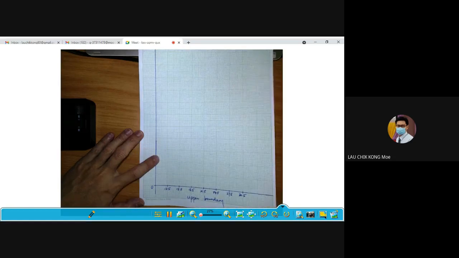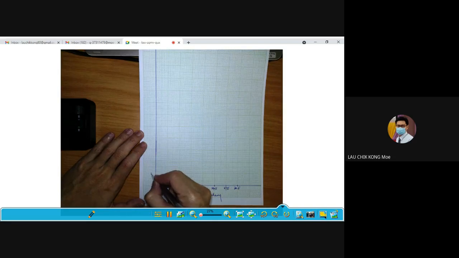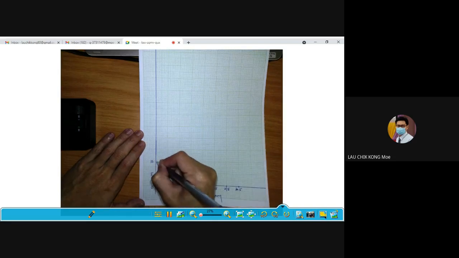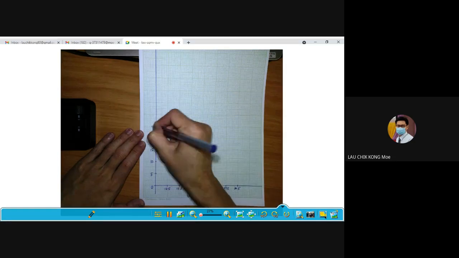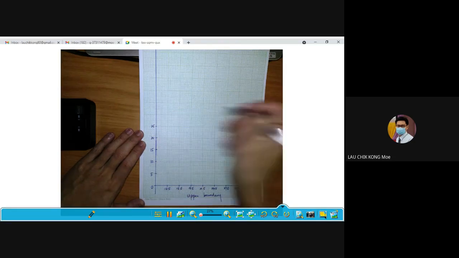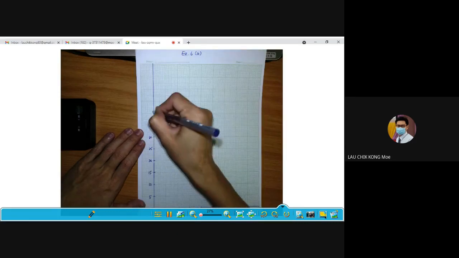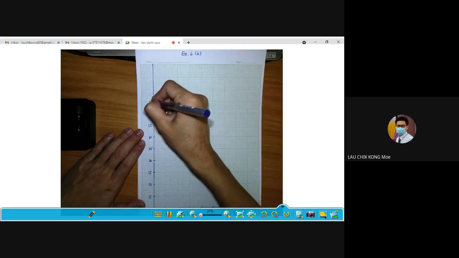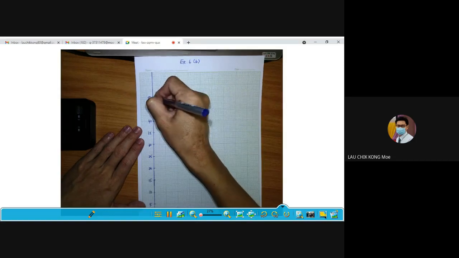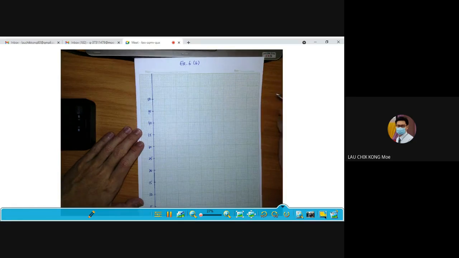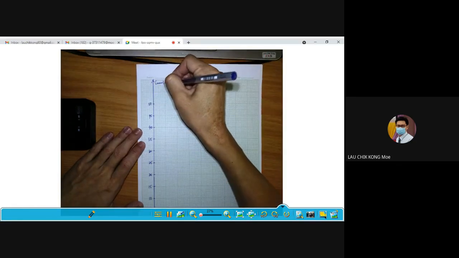So we use 2 centimeter to 5: 5, 10, 15, 20, 25, 30, 35, 40, 45, until the last one, 50. Because 47, so we do it until 50. So this is cumulative frequency.